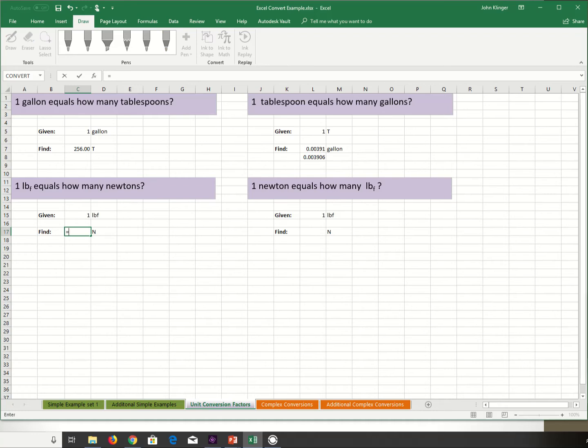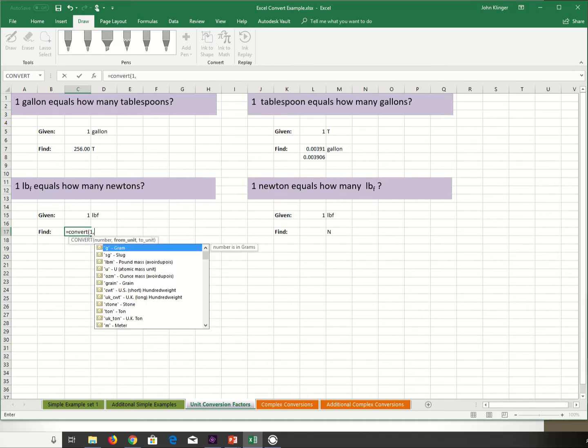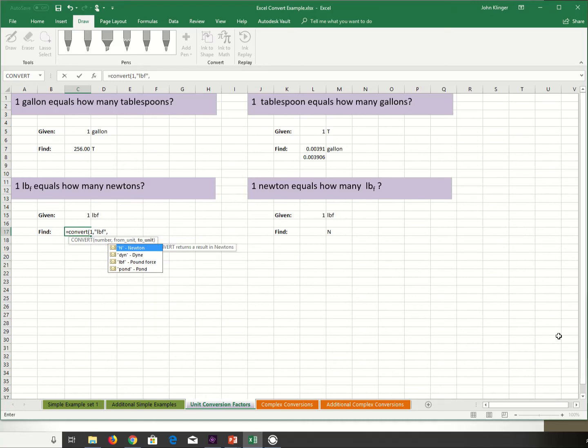So again, we're going pound force to newtons. Convert 1 from pound force to newtons. And there we go. And we can do the opposite one, right? Convert, or the reciprocal of it, 1.